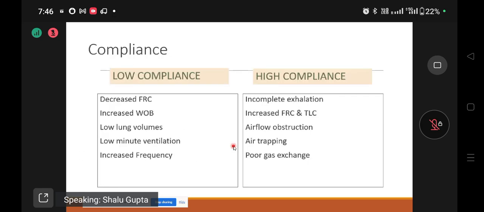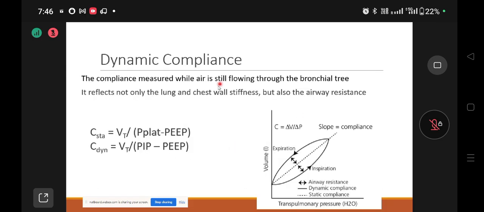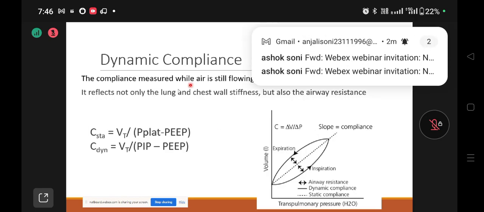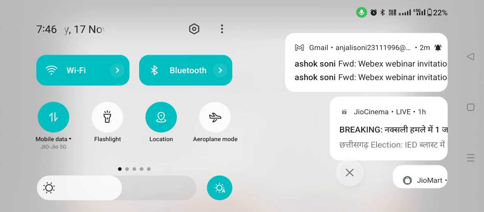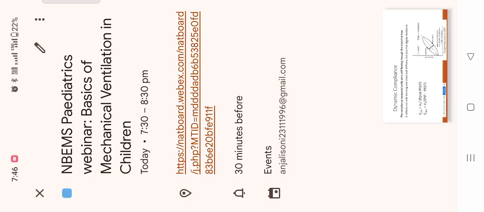But now we'll be talking about dynamic compliance. Dynamic compliance is the compliance when the air is still moving through the bronchial tree. So it reflects two things. It not only reflects your lung and chest wall stiffness, but it also reflects the airway resistance.